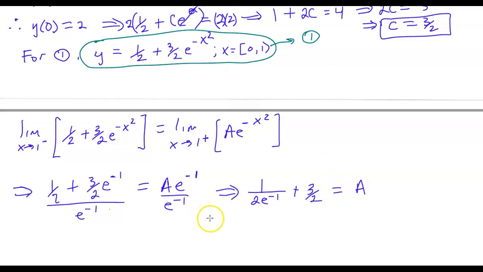I'll just have a here. And of course, e raised to the negative 1 in the denominator is the same as e raised to the positive 1 in the numerator. So we can just look at it like this. And thus, a would just be e plus 3 divided by 2. And so that would be what the value of a would have to be in order for this function to be continuous at x equals 1.